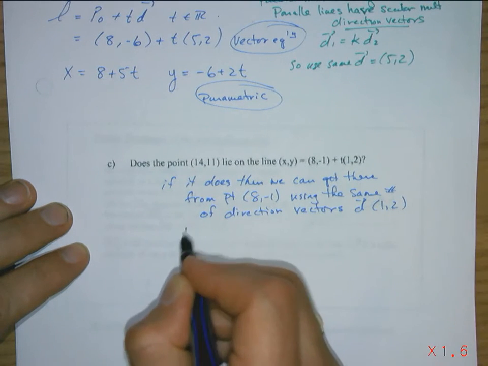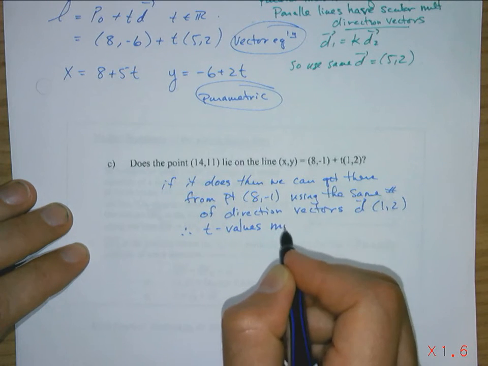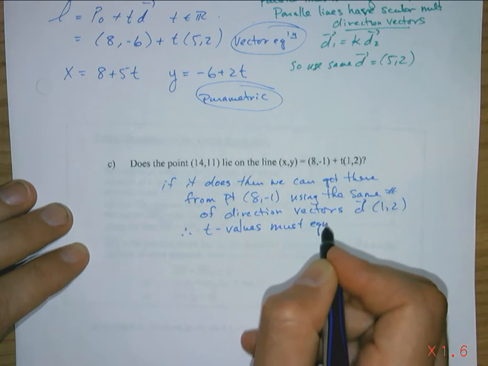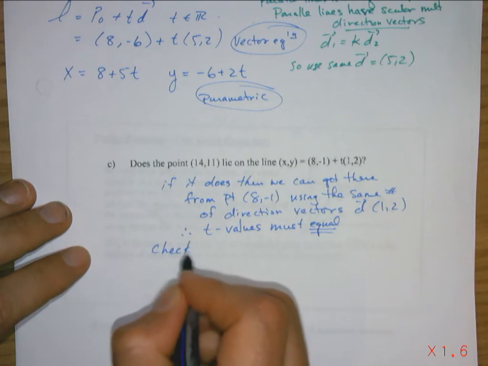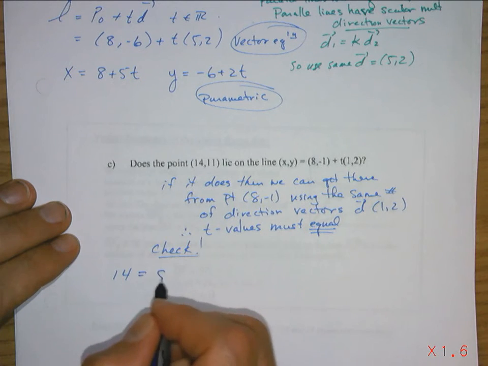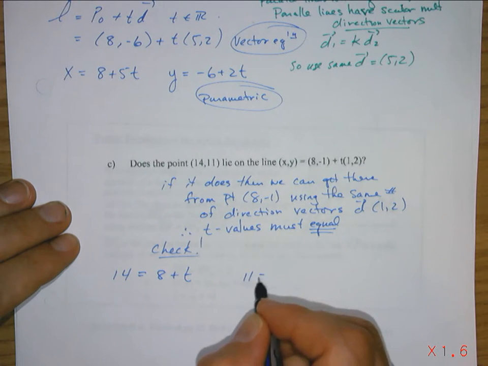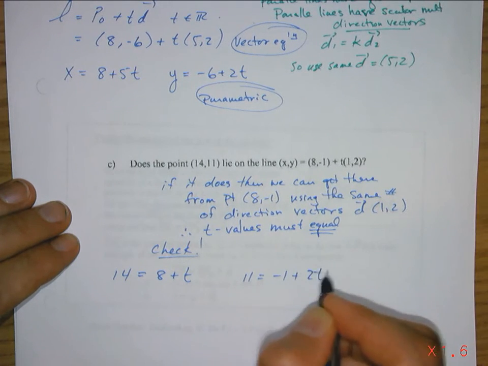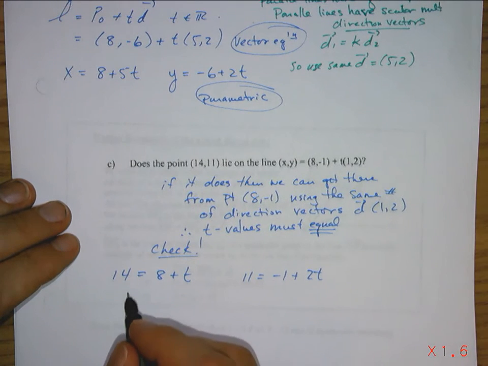In other words, t values must equal. So let's check. So we're going to put 14 equals 8 plus 1t. I'm using the parametrics here. And I'm going to have to work with 11 equals negative 1 plus 2t. So the 8 comes over, so it's going to be 6, I guess.